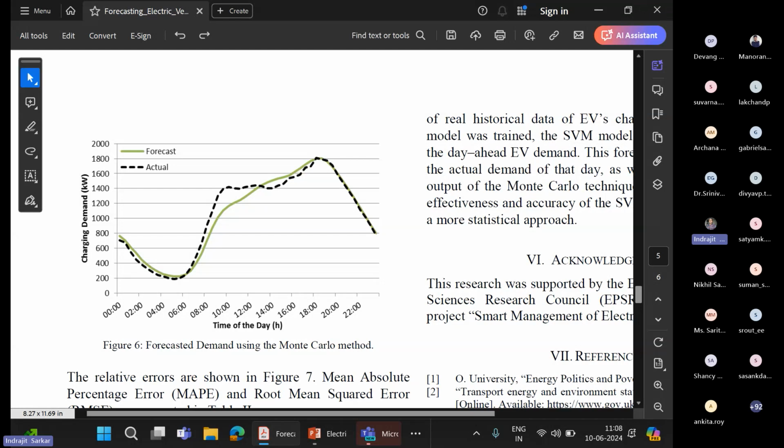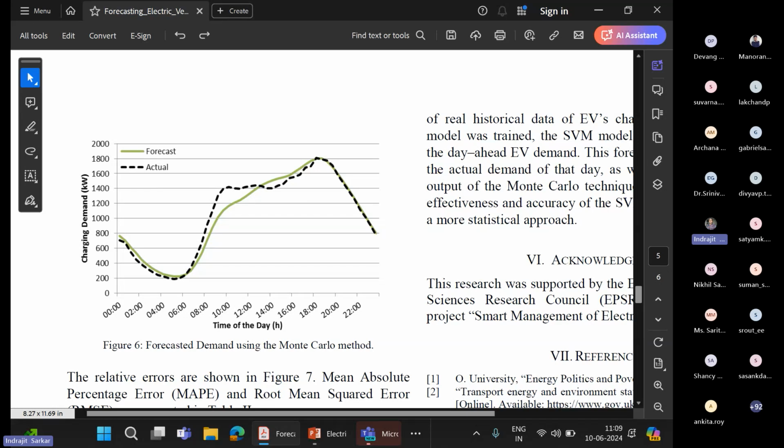the Monte Carlo method. You can see here with Monte Carlo method, here you can see the load pattern, the charging demand in kilowatt. You see here the dotted line is the actual one, and with the Monte Carlo it is the green one.